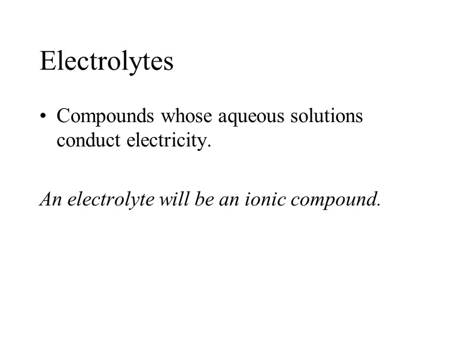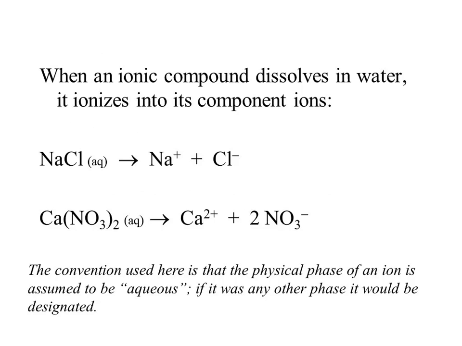Ionic compounds dissolve in water and break out into their ions, and they are great at conducting electricity. Pure water, with no ions in it, does not conduct electricity. Isn't that weird?